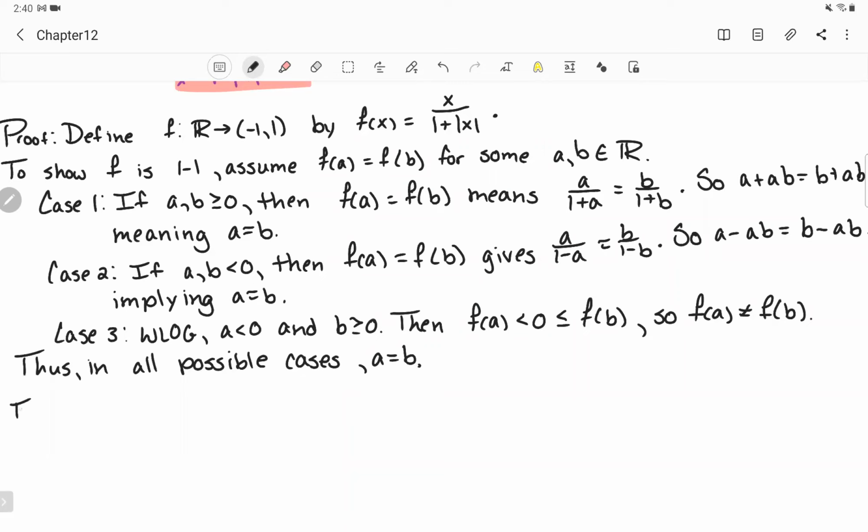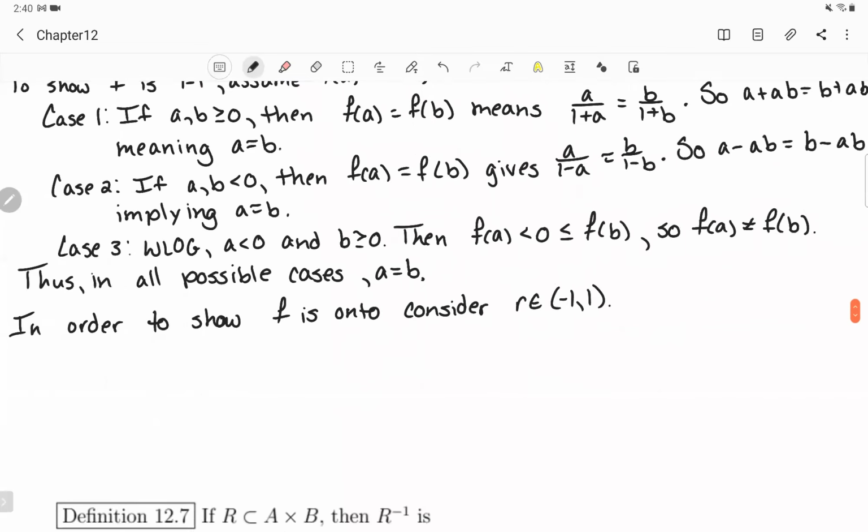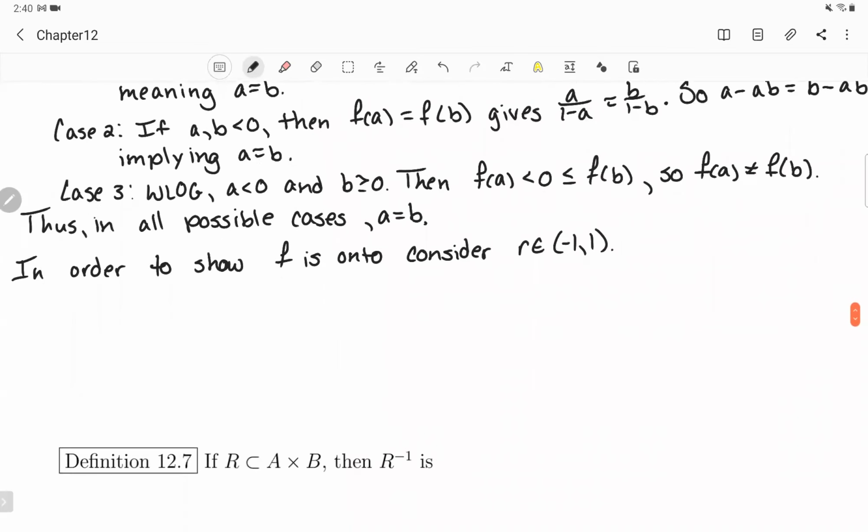Okay, so next part. In order to show F is onto, consider R an element of (-1, 1). I know I'm getting close on space. It's all right.